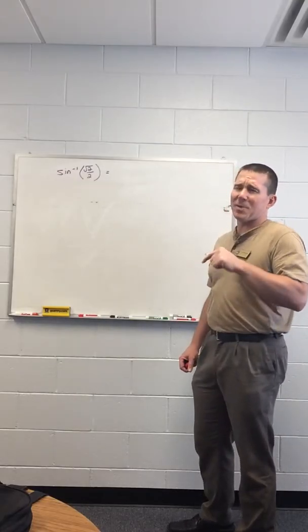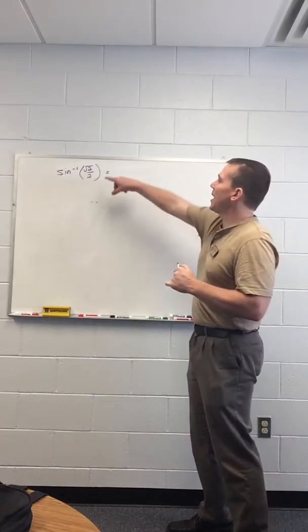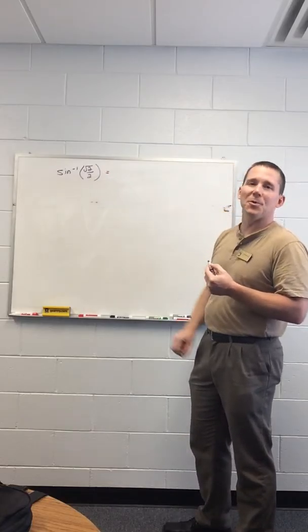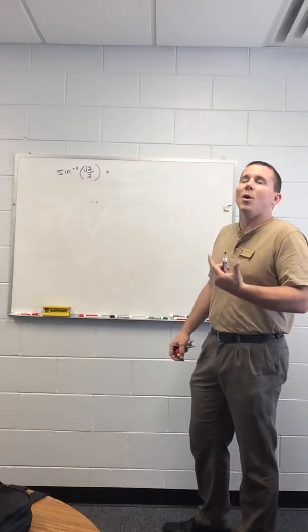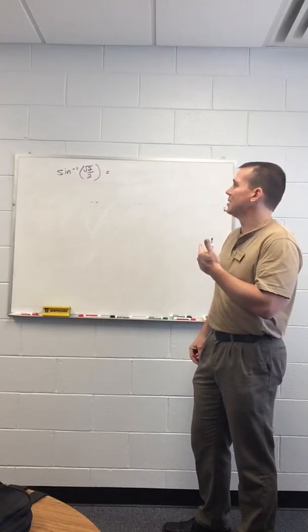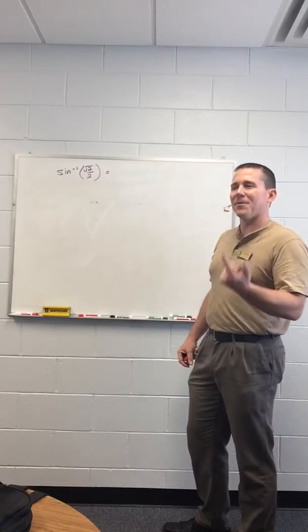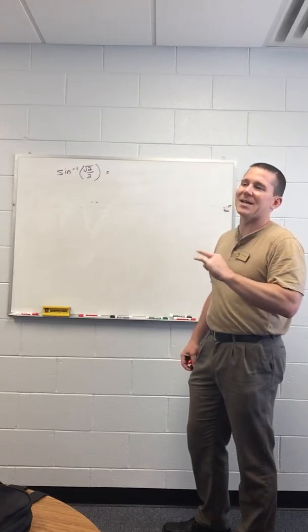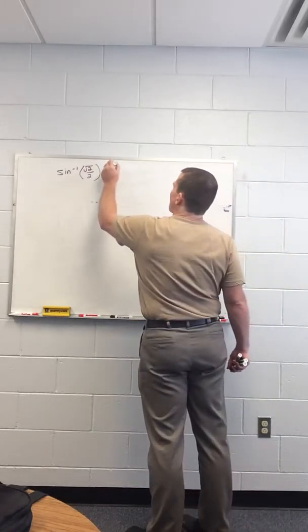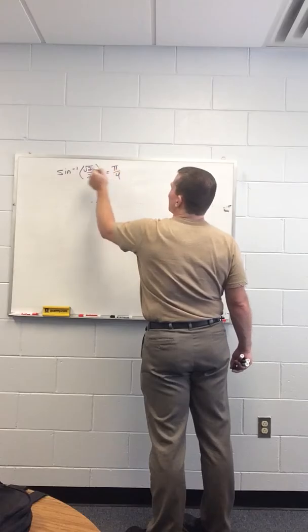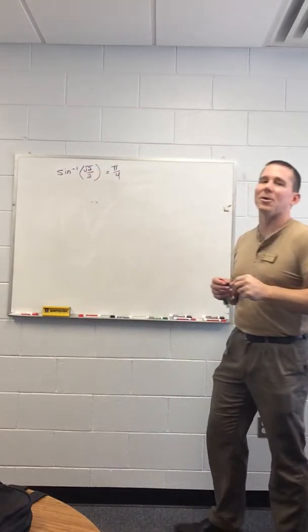So from negative pi over 2 to pi over 2, what angle gives me a sine of root 2 over 2? You all know your unit circle and your reference angles. Sine of 45 degrees is root 2 over 2. And out of the first quadrant and the fourth quadrant, sine is positive in the first. So I want the angle in the first quadrant with that sine. That's pi over 4.